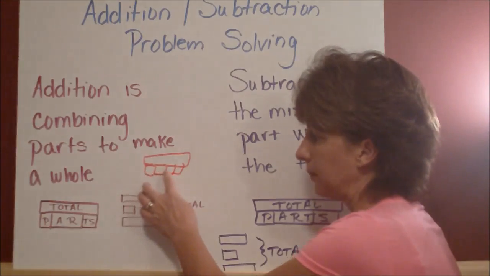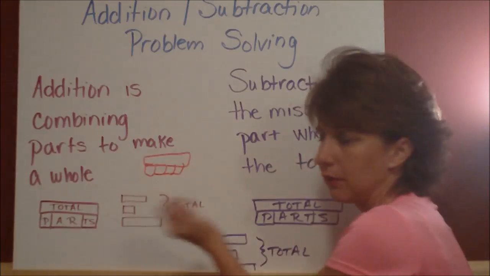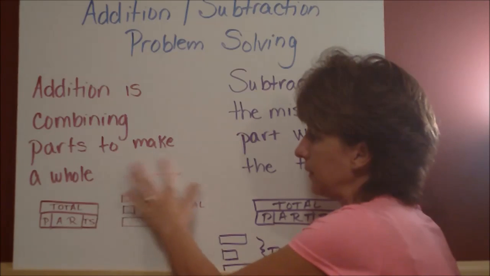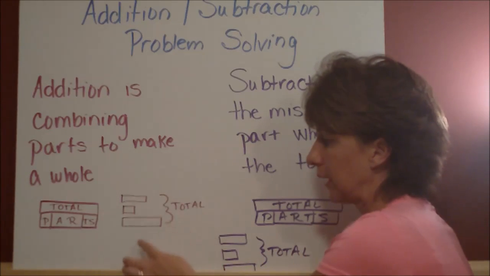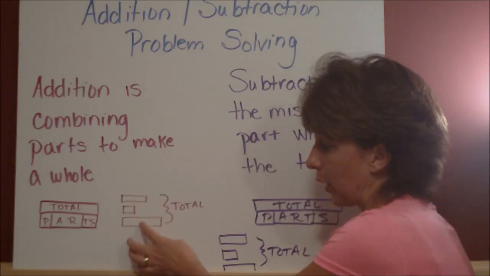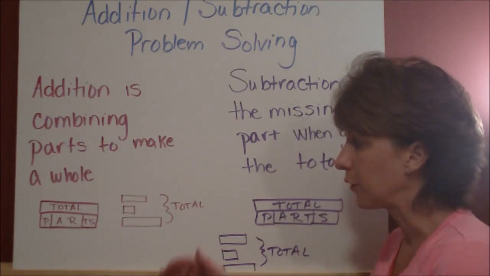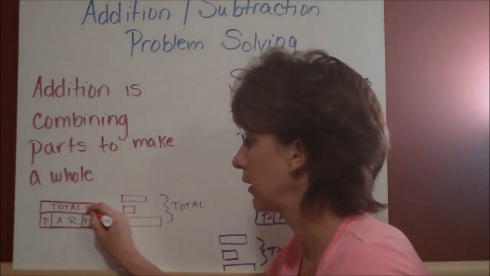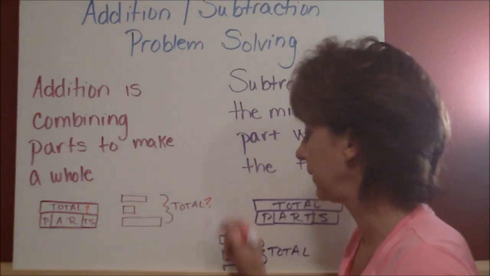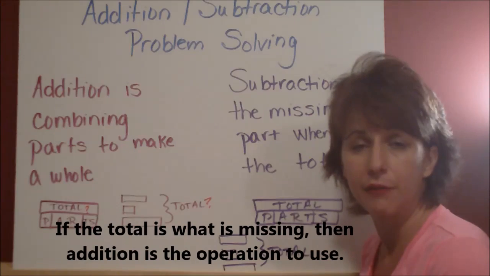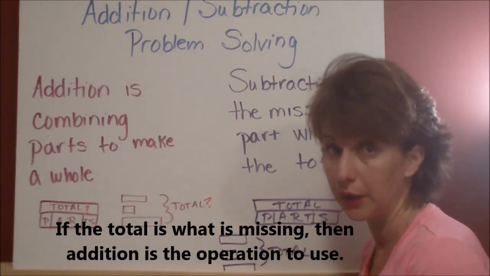So each one of these represents a part, and together they make a whole. Sometimes our blocks look like this, separate parts for us to find the total. That would mean that the word problem would have a question mark here or here because we don't know the total. If we don't know the total, we're going to add.